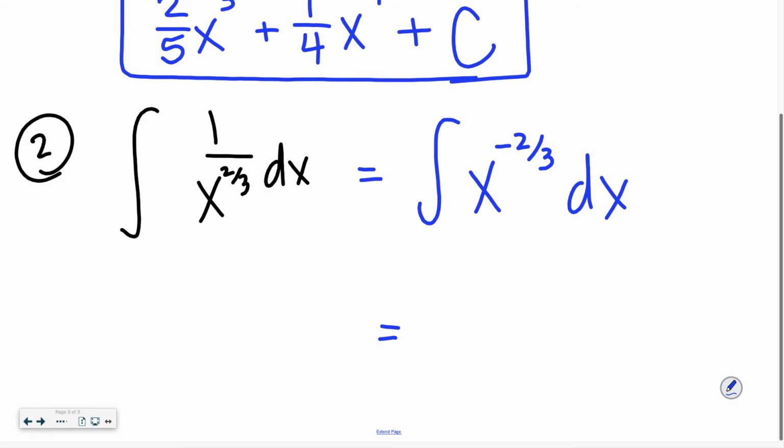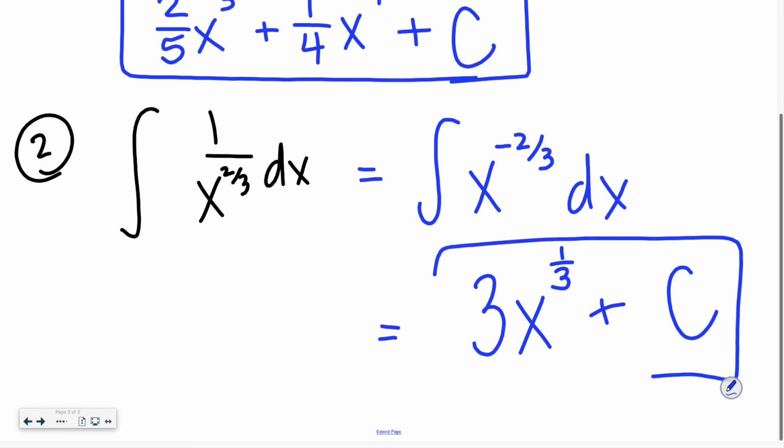Now we can take our antiderivative by increasing the power by 1 and making the coefficient its reciprocal. All right, one more example, and then you'll have time to start, maybe finish your homework.